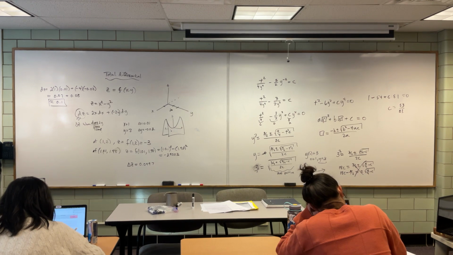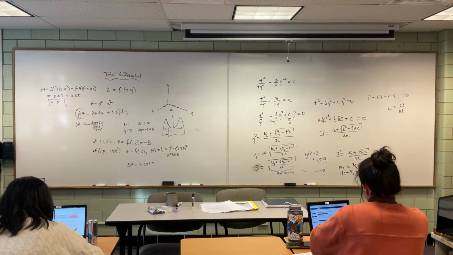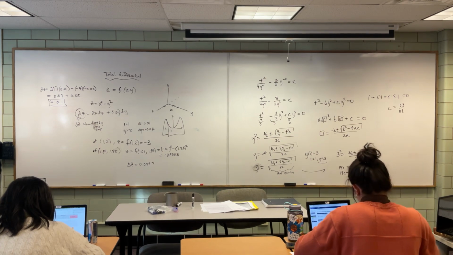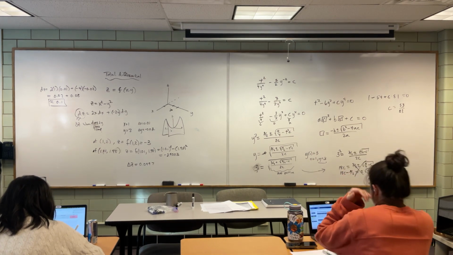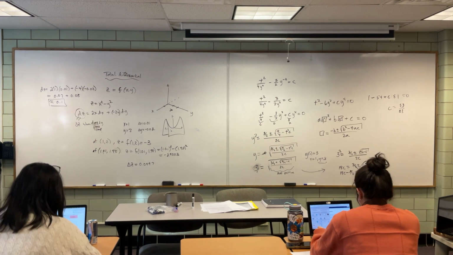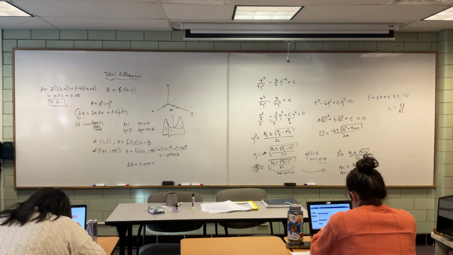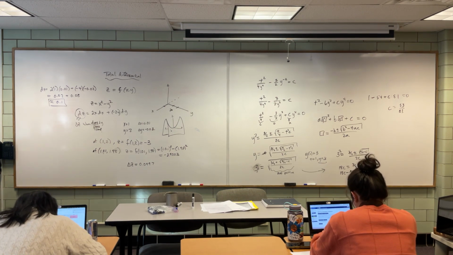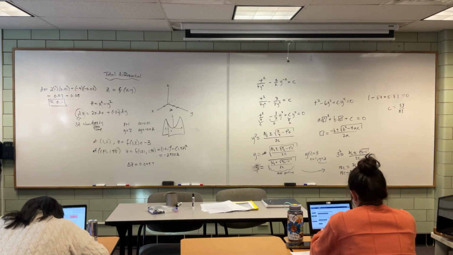Then I differentiate that. The partial with respect to y is going to be the derivative of this thing with respect to y, but more importantly, this thing's derivative. There are definitely going to be y's in here. But then this becomes c prime of y.